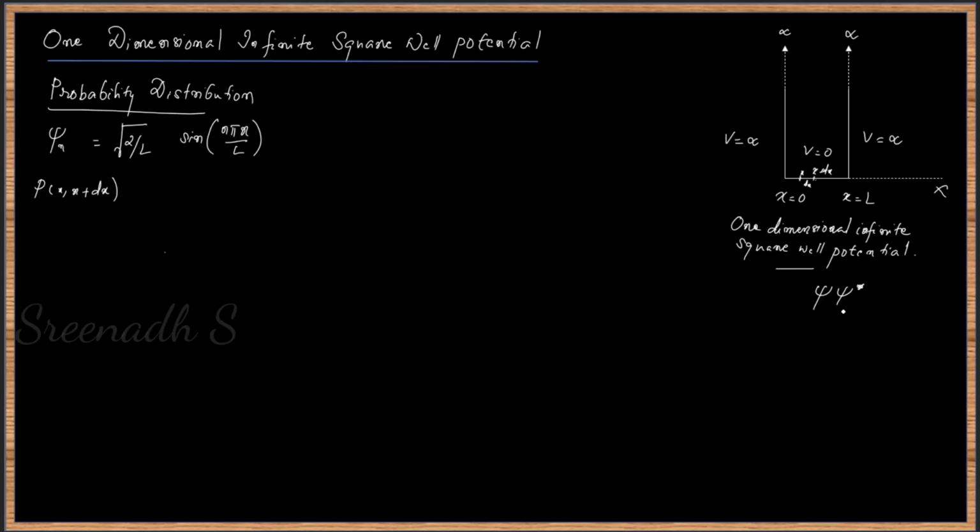So in this case, this is probability density psi star, and this is actually probability per unit length.